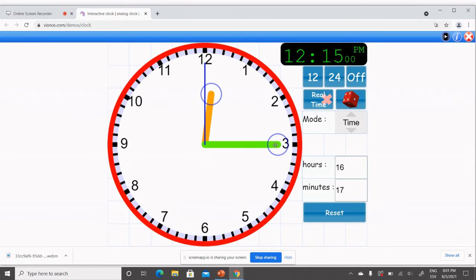If we were here, we would go 5, 10, 15. If we added another 2, we would be at 5, 10, 15, 16, 17. So this is a really great way to read an analog clock.